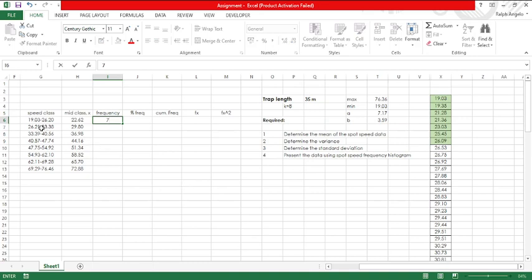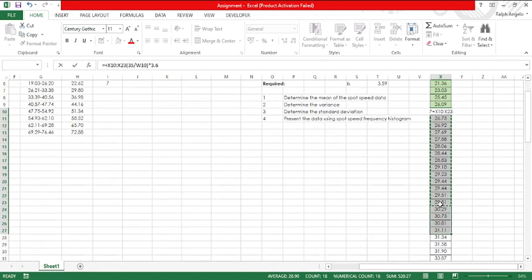The next one is 26.21 up to 33.38. Start in here and go up to 33.38, because 33.87 is already included in your next interval.